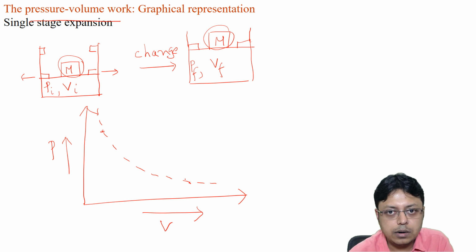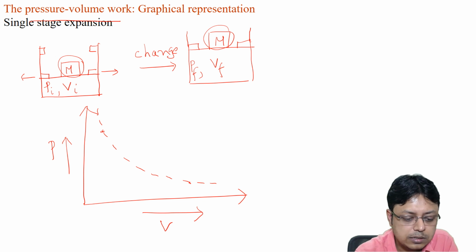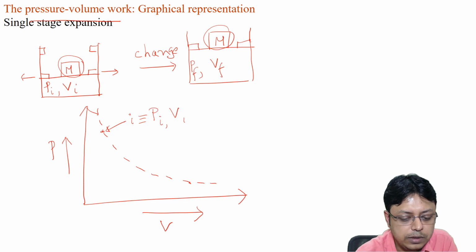In this case, remember, it's an expansion work that we are discussing, so the volume should increase, which means the initial volume was smaller or initial pressure was higher. Suppose this was the initial state, which were defined as Pi and Vi.